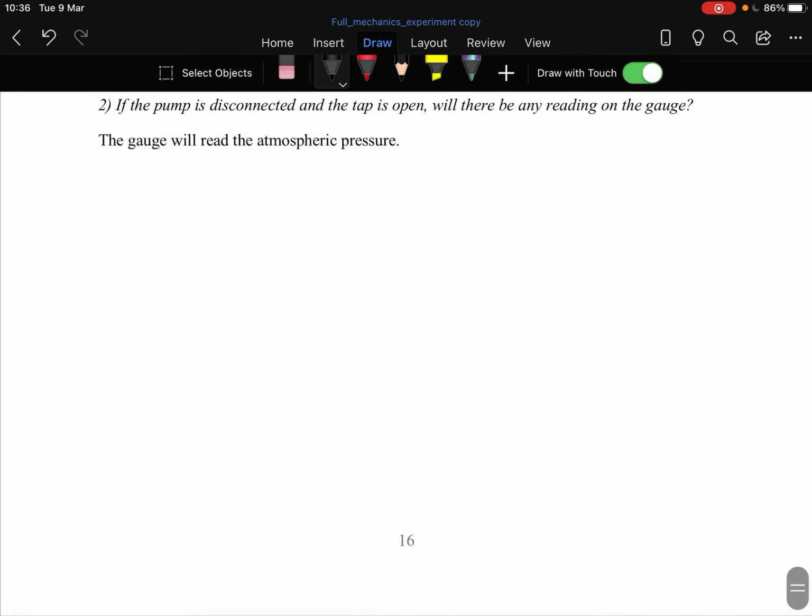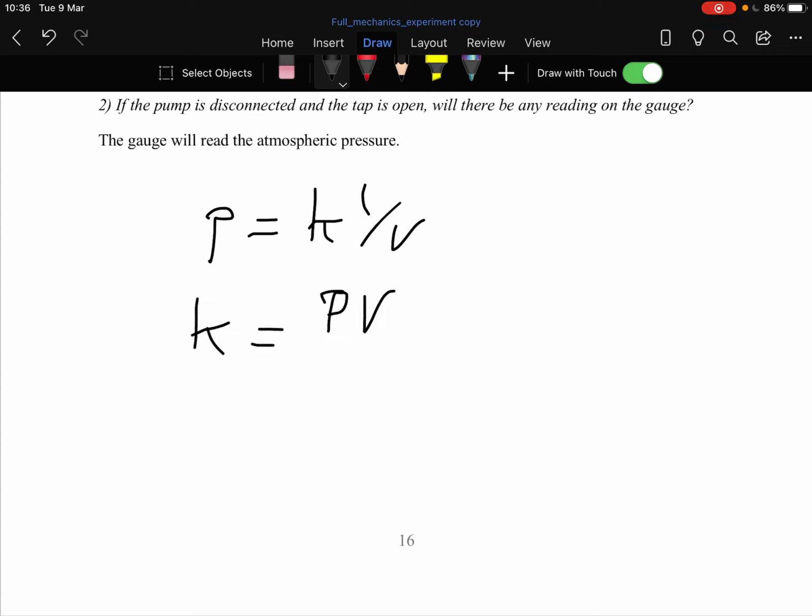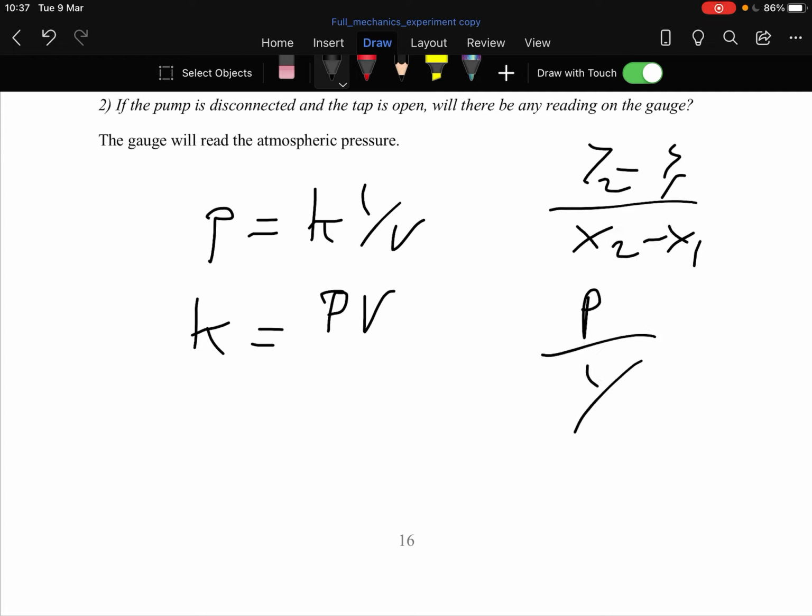All right, so the calculations aren't there, but the reason is that P is equal to K times 1 over V, K being the constant, okay? So K is equal to PV, all right? Now, the reason we do it that way is that if you do y2 minus y1 over x2 minus x1 on the graph, what you'll get is P over 1 over V. And if you have a fraction below the line, that comes above the line.